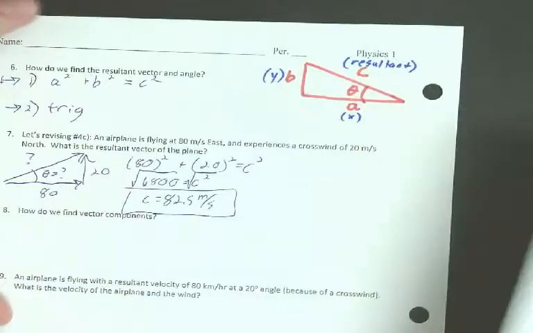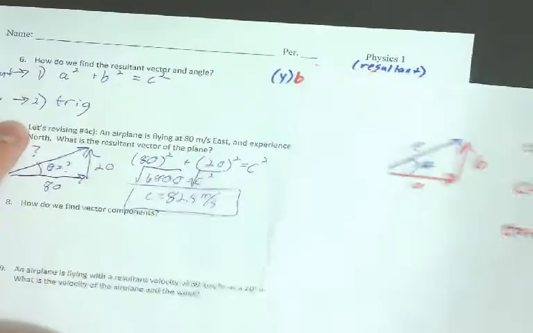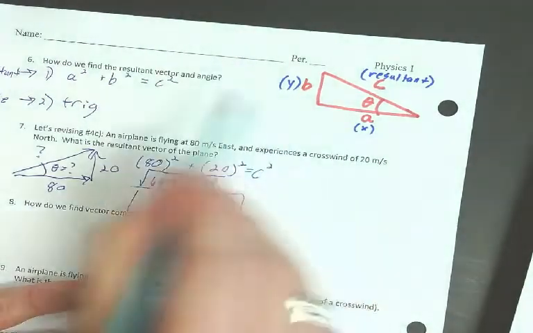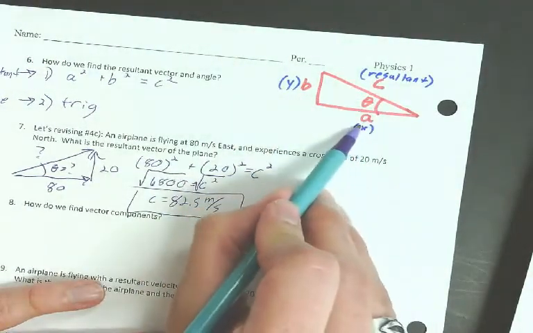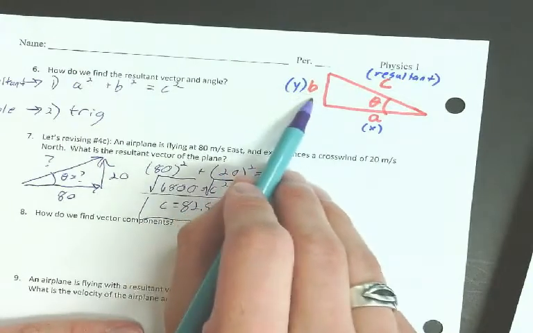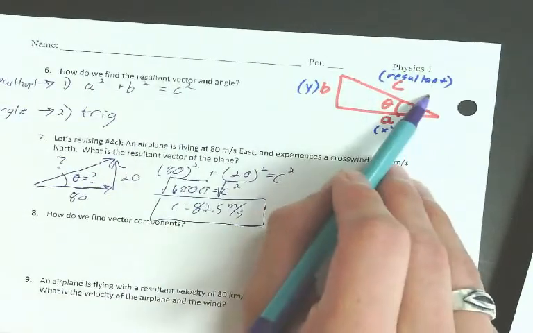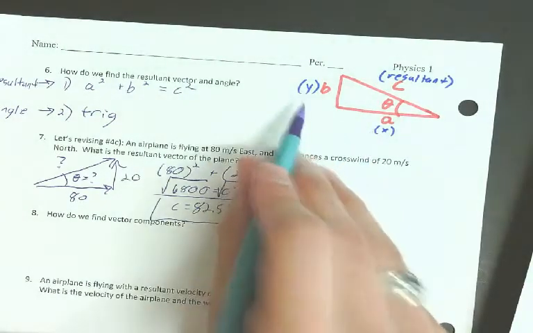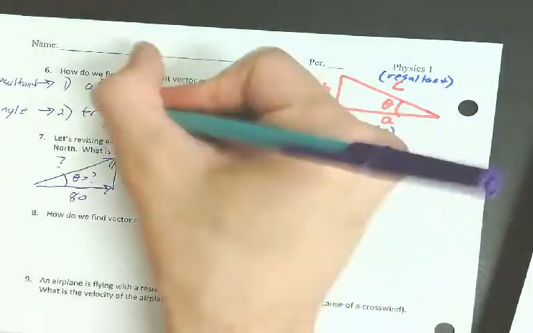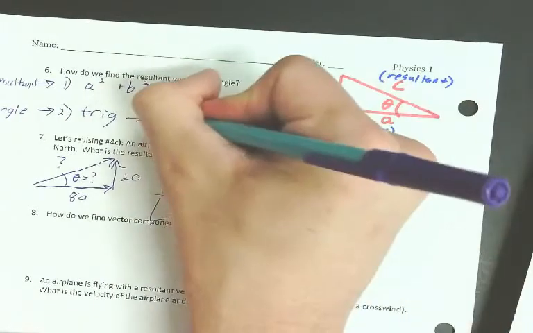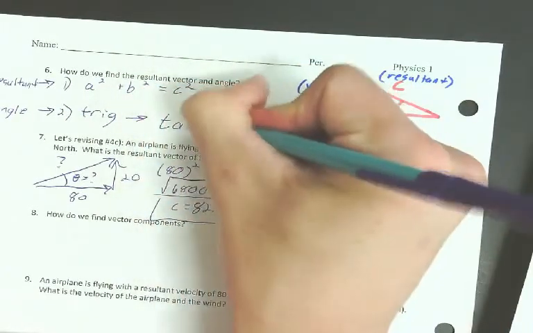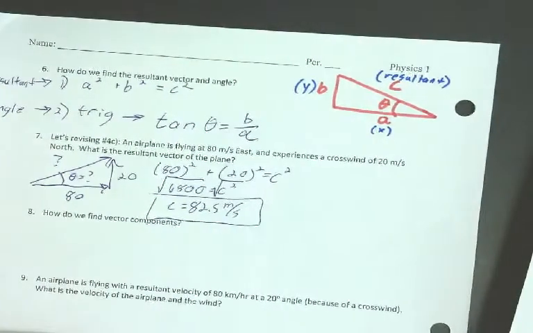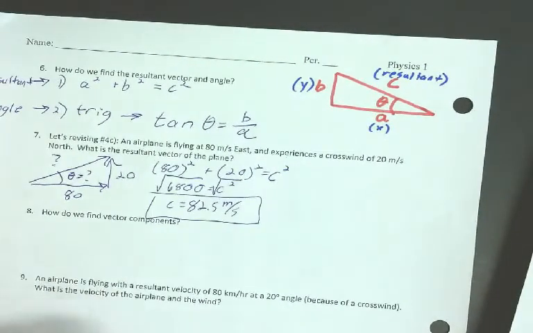So which of those relationships can I use to solve for the angle? Well, the answer is any of them, because I know A, it was given to me. I know B, it was given to me. I just found C. However, because we're given A and B, there is a best one, and the best one is tangent. So, let's do it.